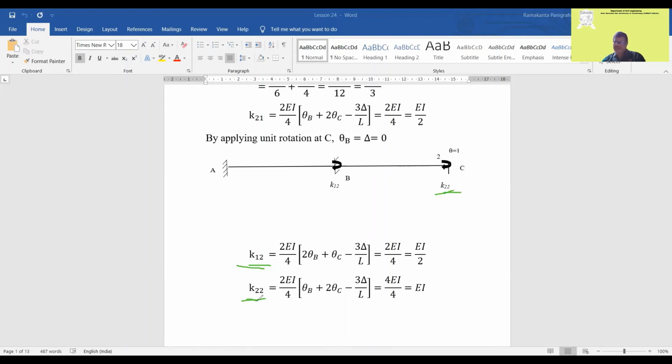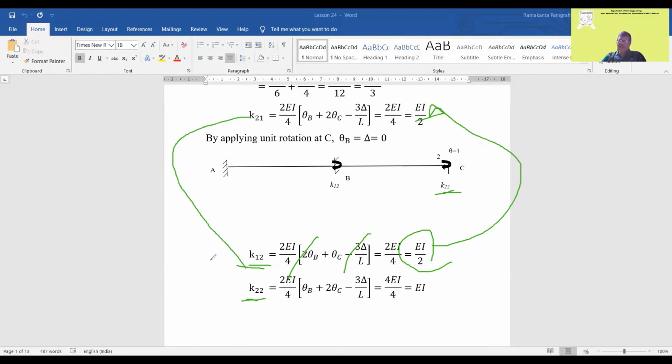Force means your moment. The rotation is related with moment. So moment equation, you know the slope deflection equation. Apply the slope deflection equation. That is developed due to the unit rotation. So that is 2EI by L, 2 theta B plus 2 theta C minus 3 delta by L. Delta 0, theta B 0. So it is EI by 2. Now this is equal to this. So that you can prove K21 is equal to K12.